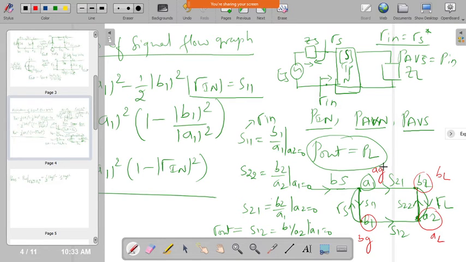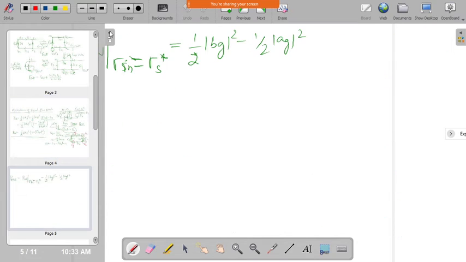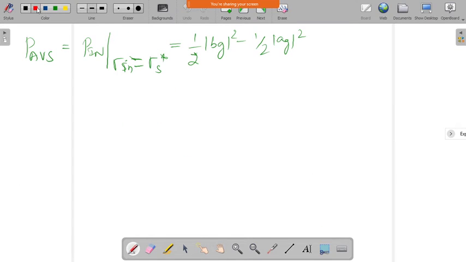So we substitute Ag and Bg in this expression to get the available power. Ag we can define in terms of the source reflection coefficient, gamma S star into Bg.